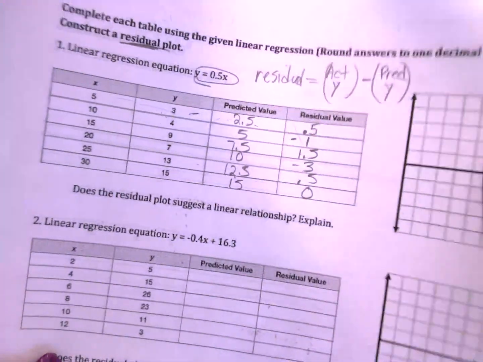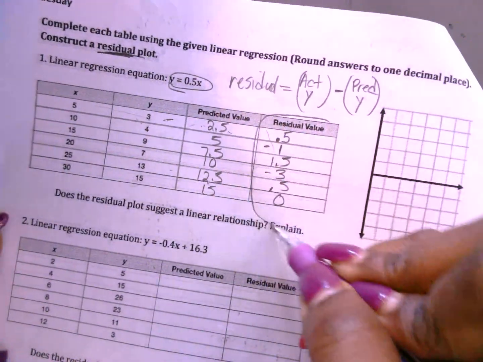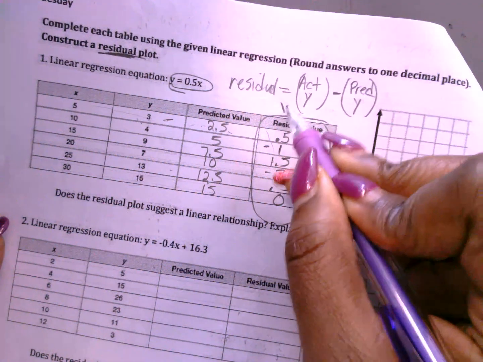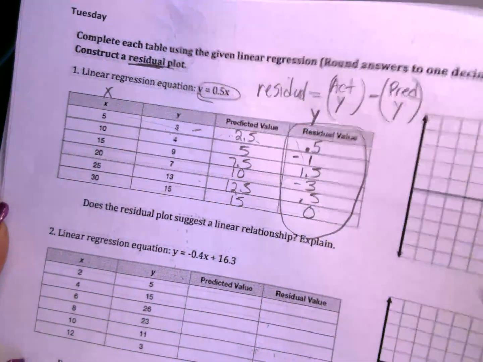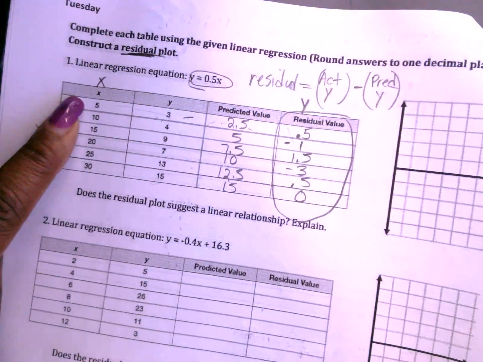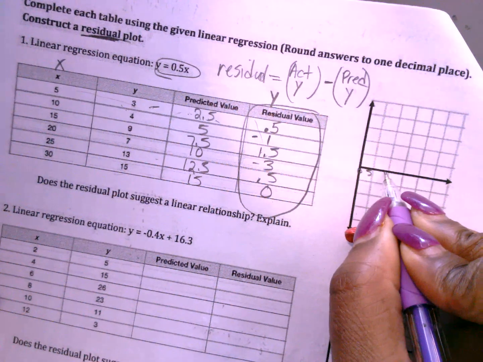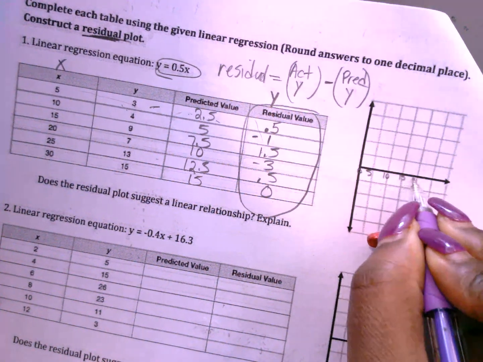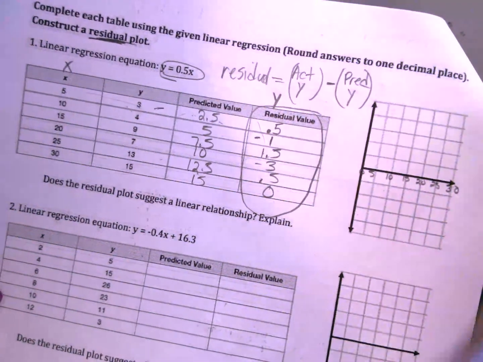All right, so now we are graphing just the residuals. So that means we're graphing the residual value as our y and, of course, the x value. We're going from 5 to 30. So this is 0, 5, 10, 15, 20, 25, 30. Got it?